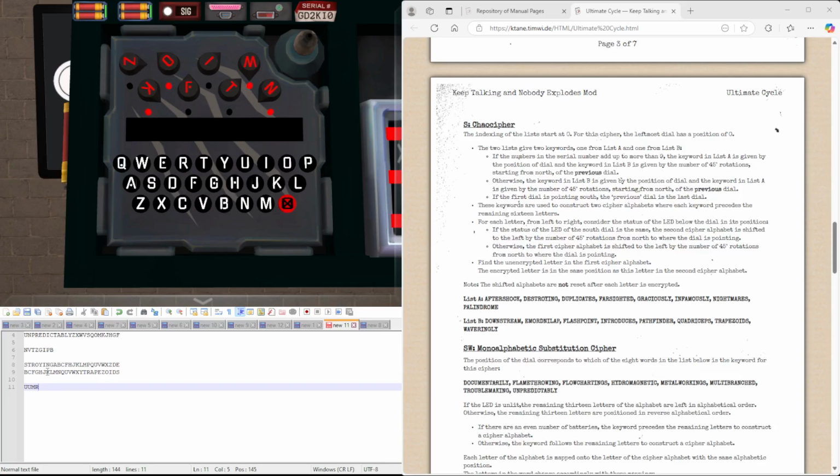So we're doing the first cipher alphabet as we 1 is Y, and then E is definitely as the dial.